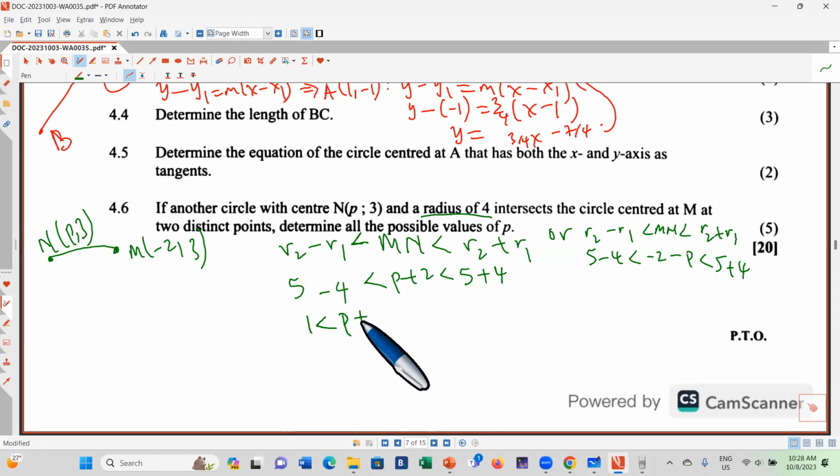So P plus 2 is less than 9. So you subtract 2 now.